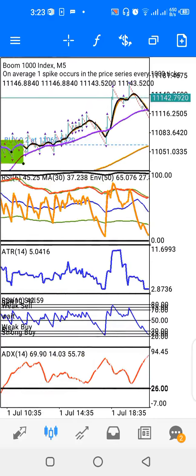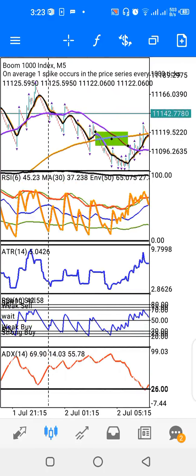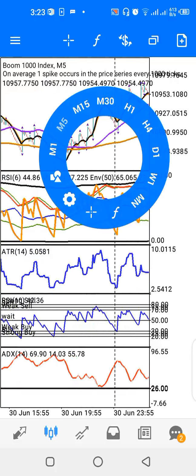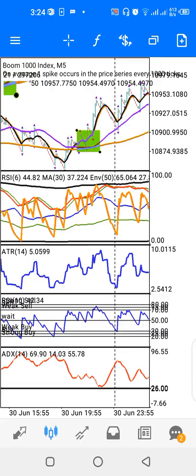For crash index, it is when you have the black and the purple line dropping below the orange line. That's when you look for sell opportunities for crash index. But we are looking at Boom index for this video, so you look out for a clean break of the purple and black line above the orange line, to start looking for buying opportunities.